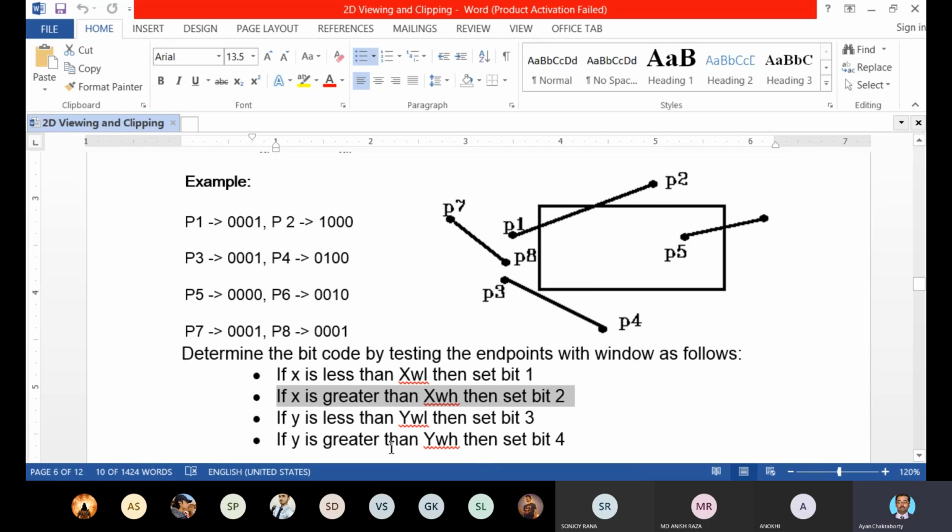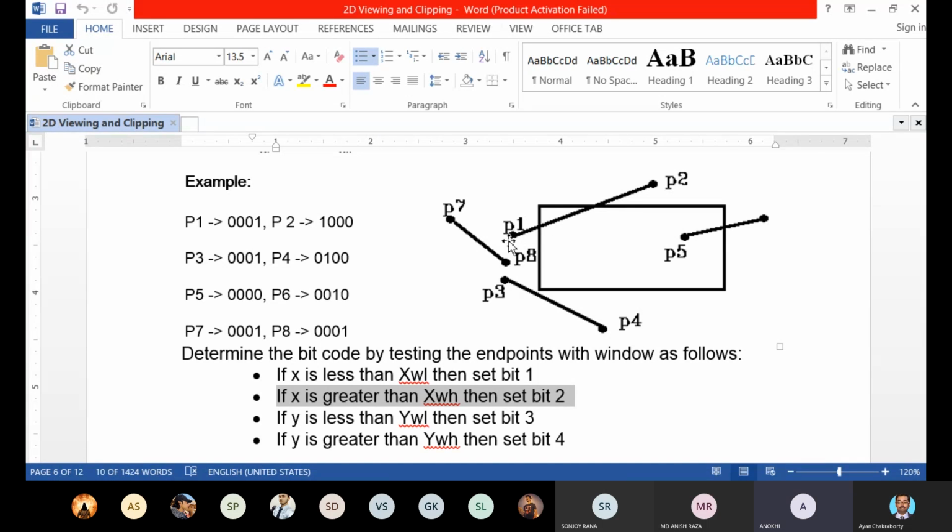According to this logic, you can see here the point P1. In which region is P1?